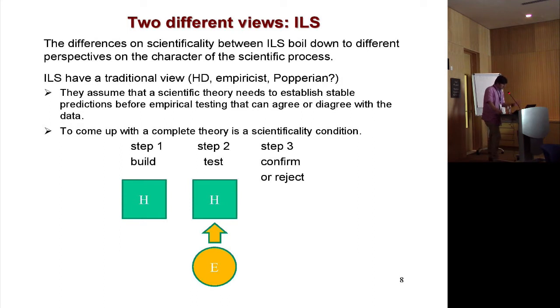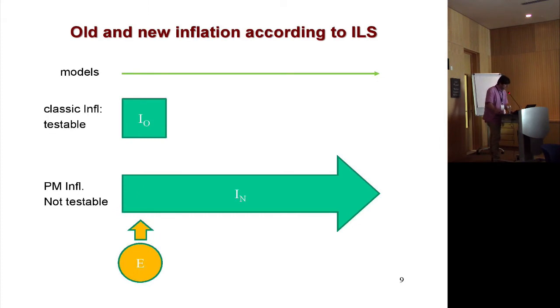So this means that they have a step-by-step process in mind, where first the theory needs to be developed, then the theory's predictions need to be understood, then we test the theory, and then we confirm or reject the theory. So that would be their idea, and their understanding is that inflation needs to get as close as possible to this ideal scheme.